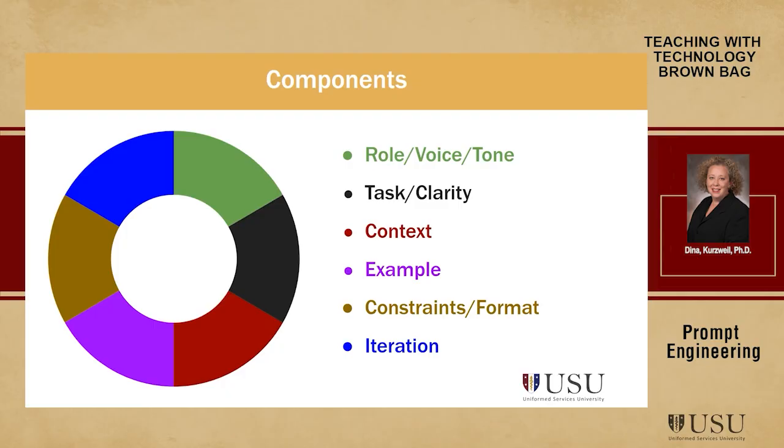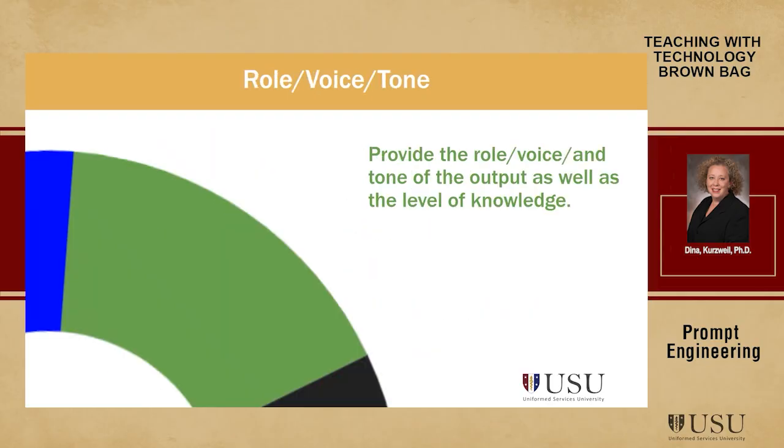So let's jump into understanding a bit about the role, voice, and tone. One of the first things that we like to tell people to do is to think about the role that the Gen AI should be thinking about in your prompt, as well as the voice and tone of the inputs and level of knowledge. So for a voice example, you could consider providing the AI the tone, the voice, and experience of, let's say, a full professor of nursing who is a seasoned educator: create me a something, whatever that something's going to be.